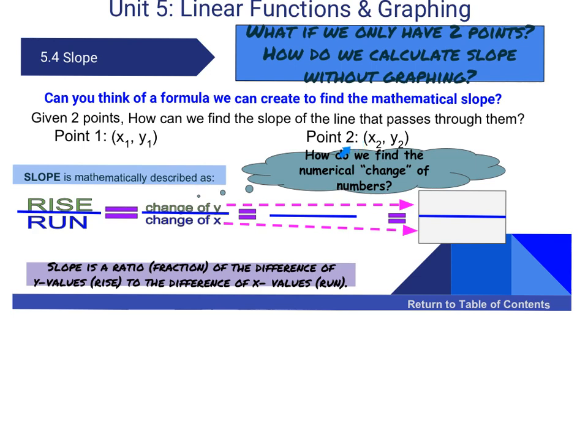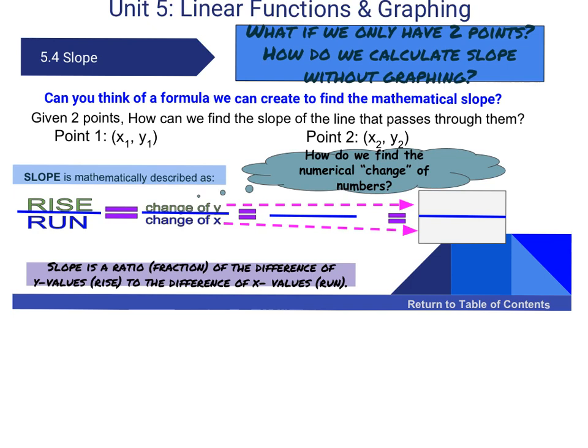X value of your second point, y2 is the y value of the second point. So if you want to know the difference between the y's, what operation do we perform? If I want to find the difference between two numbers, what operation? Subtract.